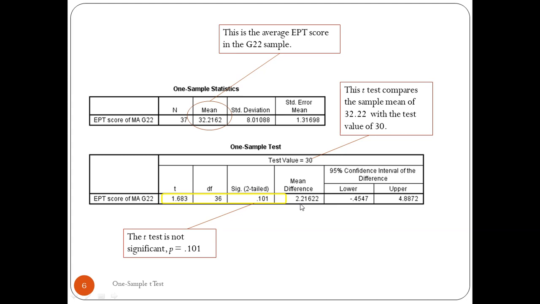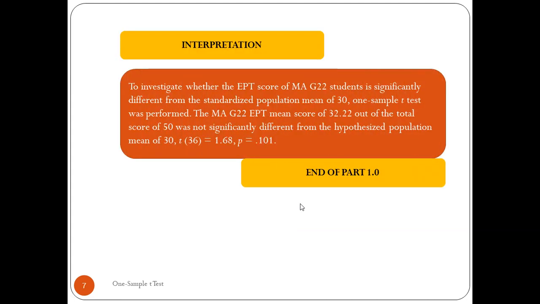Okay, now we go to report writing. That's interesting. Okay, how to construct a paragraph in order to report our research results to the audience. So this is how we do it. To investigate whether the EPT score of MA G22 students is significantly different from the standardized population mean of 30, one sample t-test was performed.